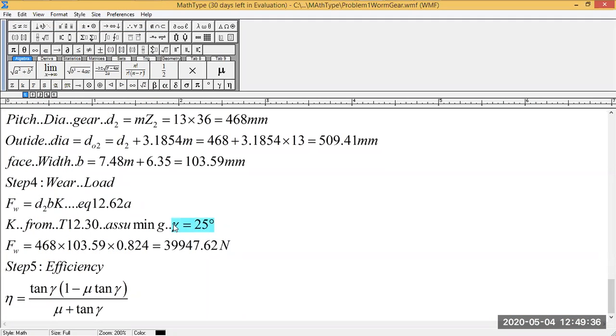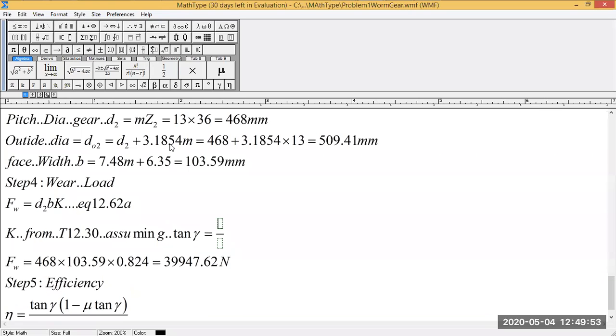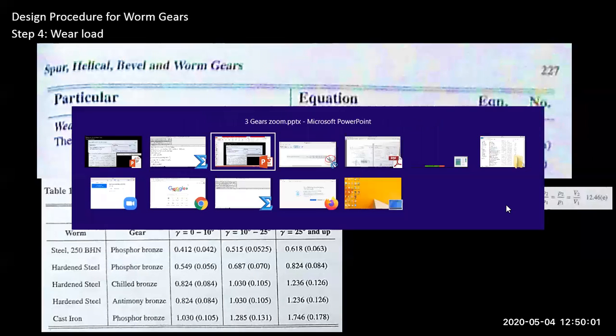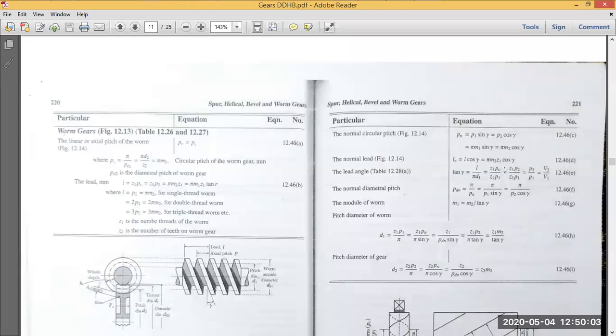Gamma here is the tan inverse function. Tan gamma is equal to, from this equation, L over pi d1. Yeah, there is L. L is the lead.